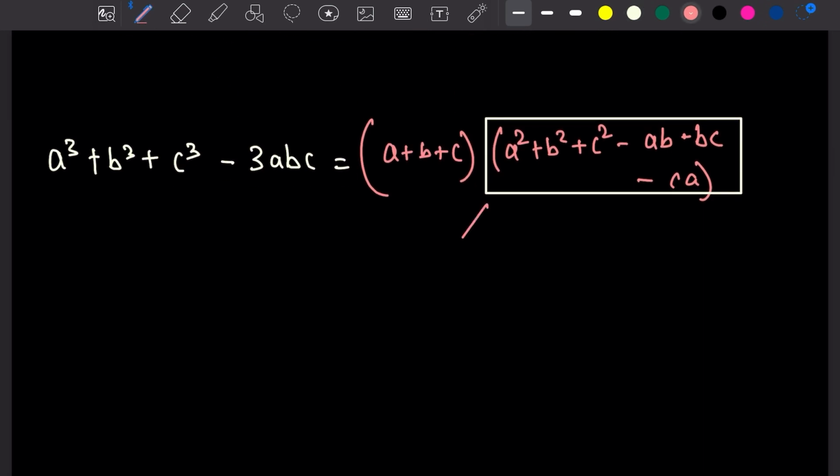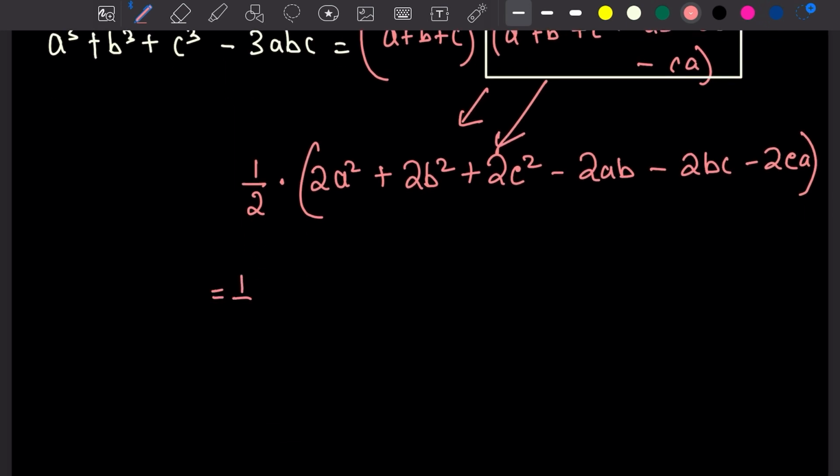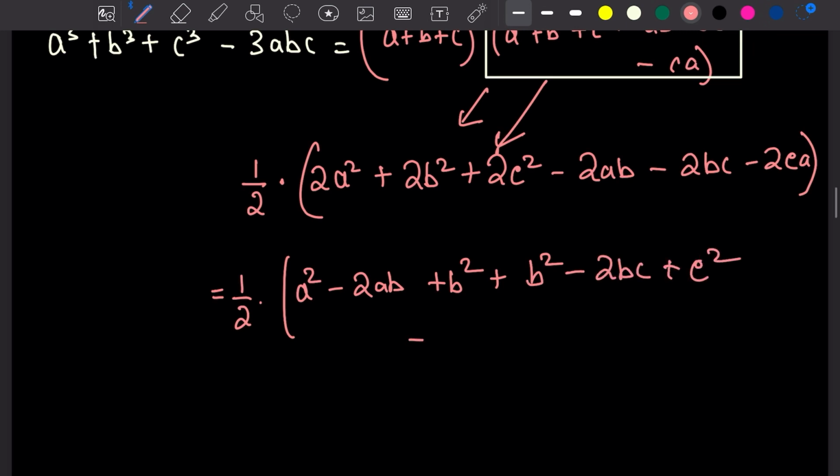So this is half times 2a squared plus 2b squared plus 2c squared minus 2ab minus 2bc minus 2ca. I just multiplied by a 2 and divided by a 2. Okay. So now this is equal to half times a squared minus 2ab plus b squared plus b squared minus 2bc plus c squared plus c squared minus 2ca plus a squared.